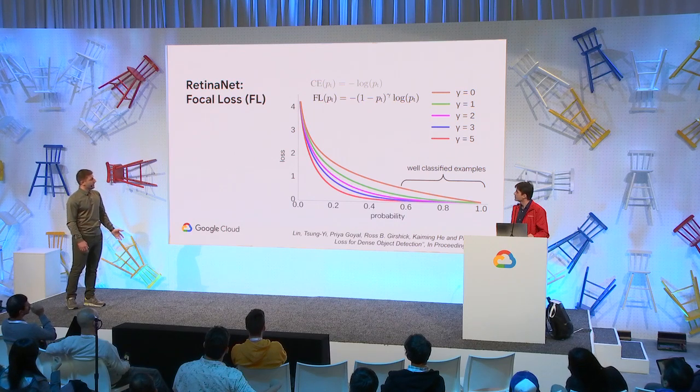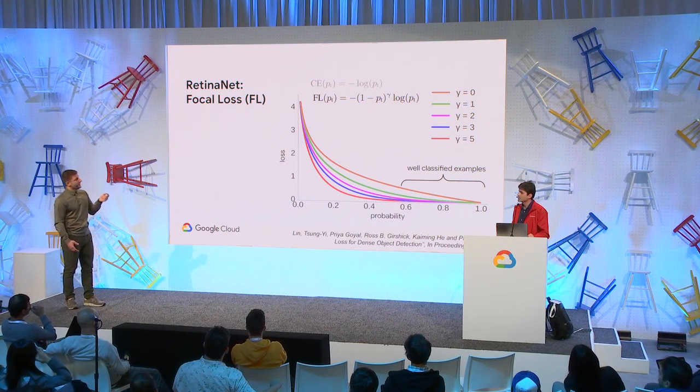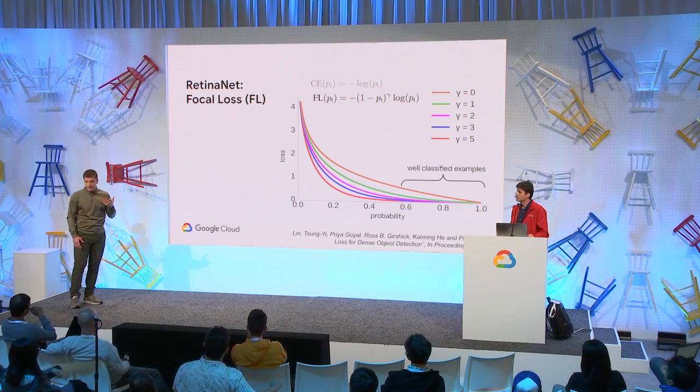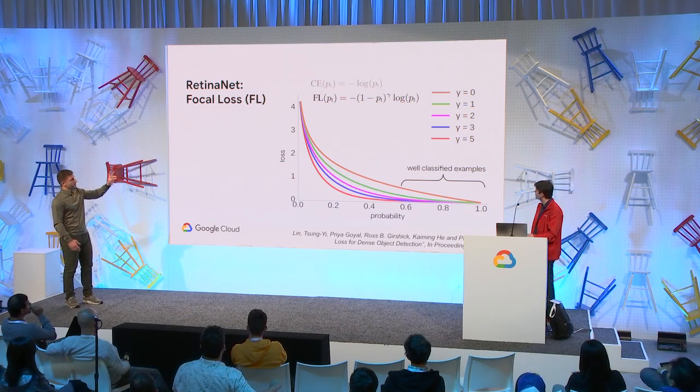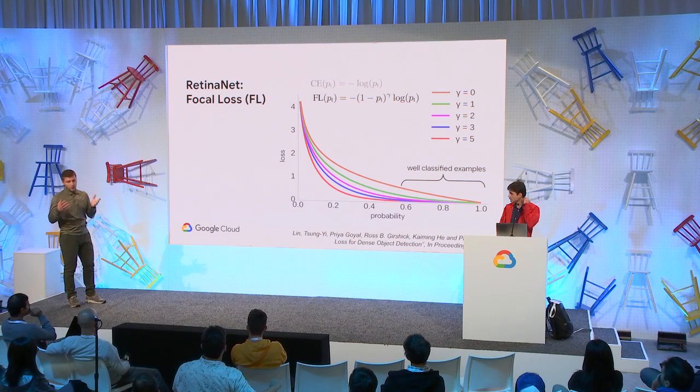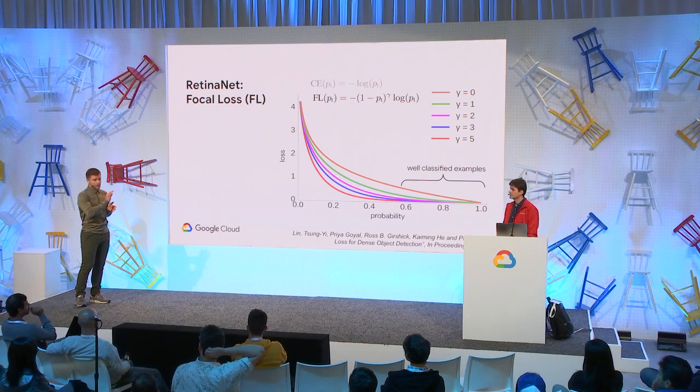The way it works, essentially, is that if the probability is high, which means it's an easy example, then the multiplicative factor will be very, very small, especially when exponentiated. And the contribution of that easy example, or the background bounding box, to the loss function will be very minimal.